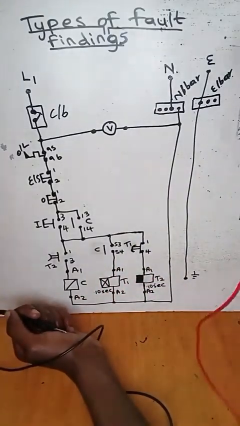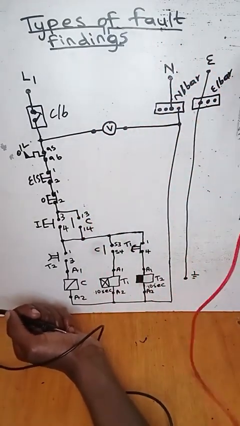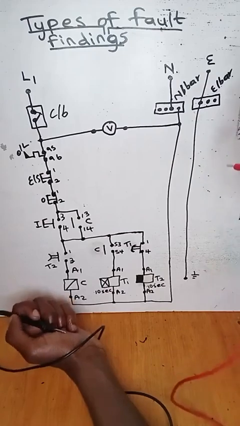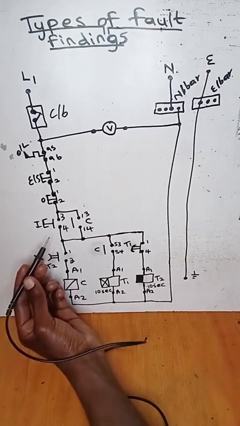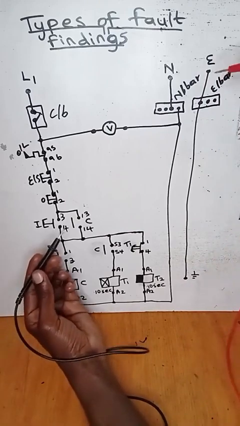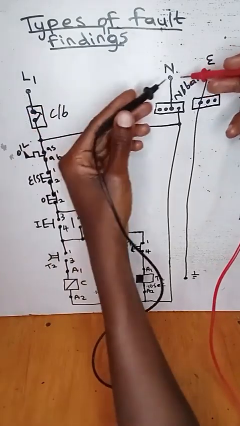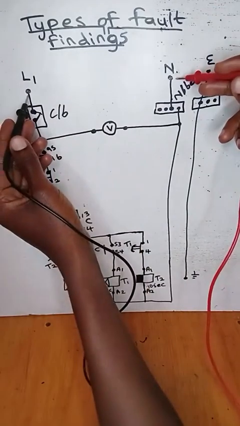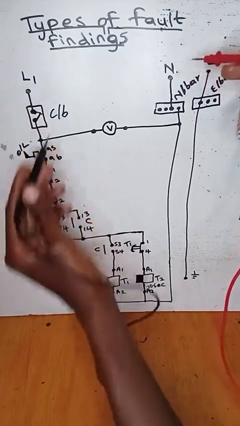From there, our live and neutral shouldn't be connected to each other, to show that they are right. Also we want to test our neutral with the live from where it starts to where it ends.